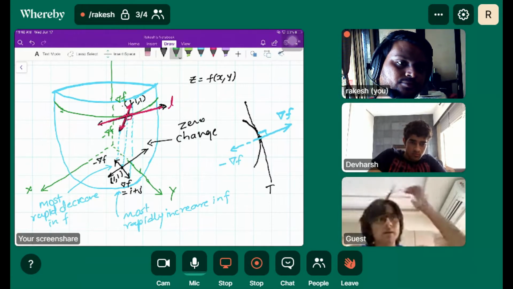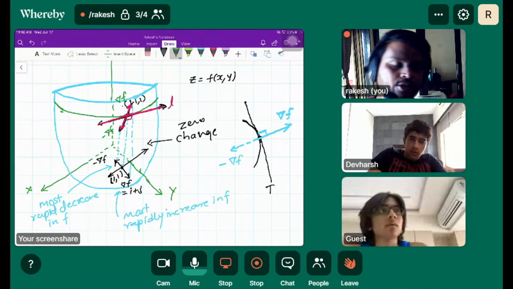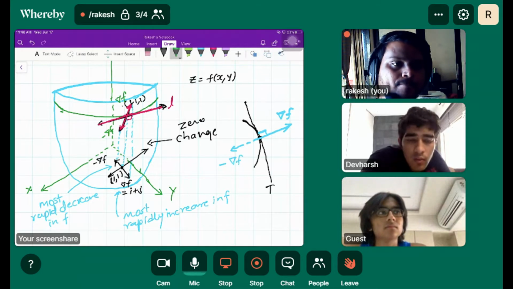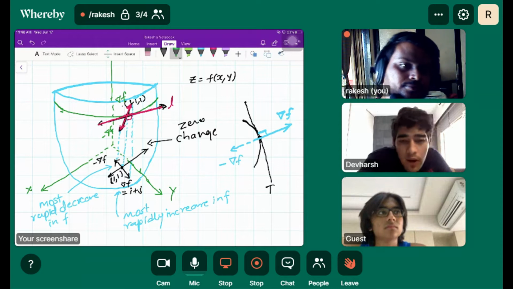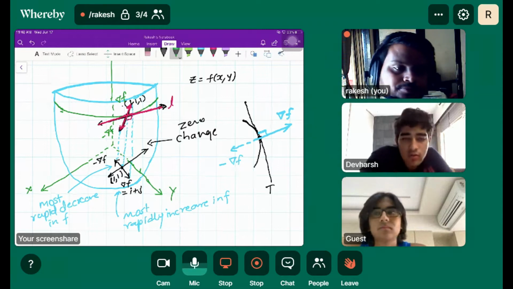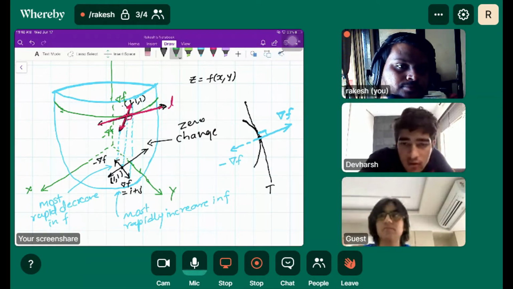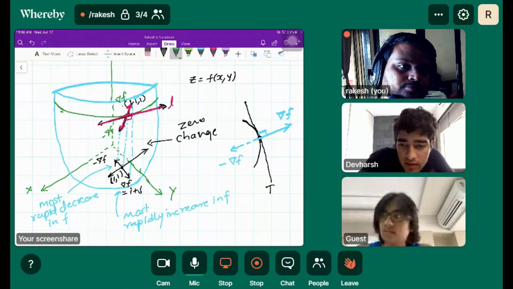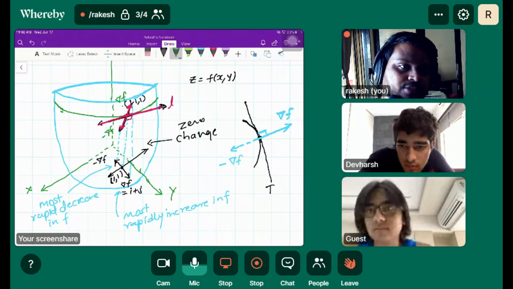Del f is the direction, the gradient vector.